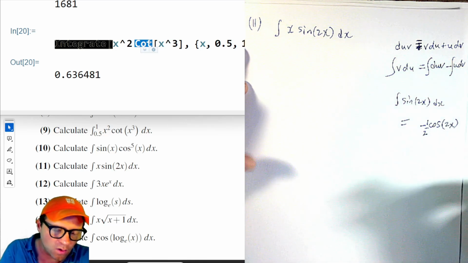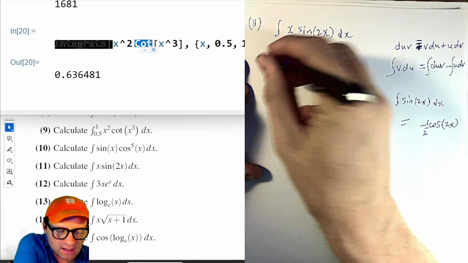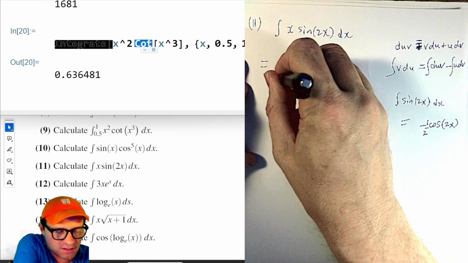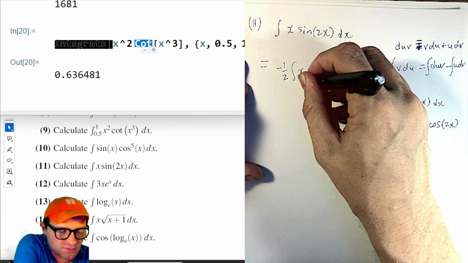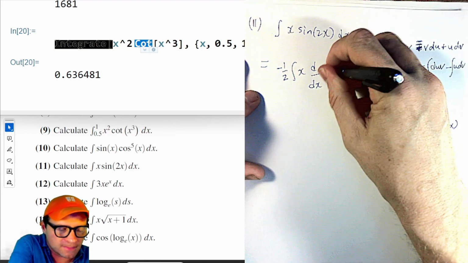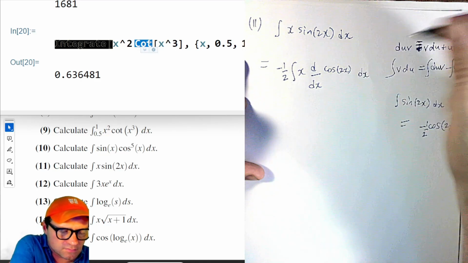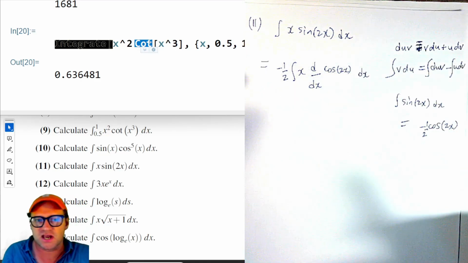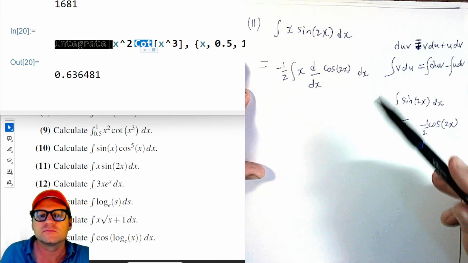Okay, and so now we bring out our minus 1/2 here, x, and then this is the derivative of cos of 2x. Just to check what I've done, I have replaced this with a derivative.